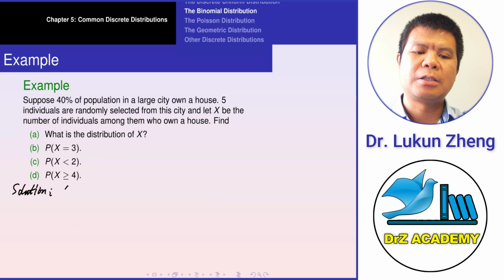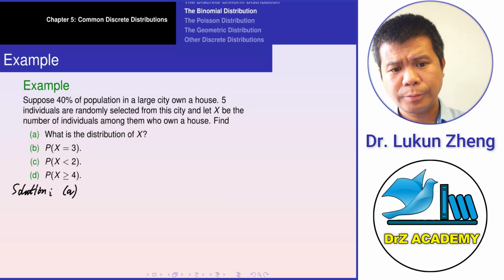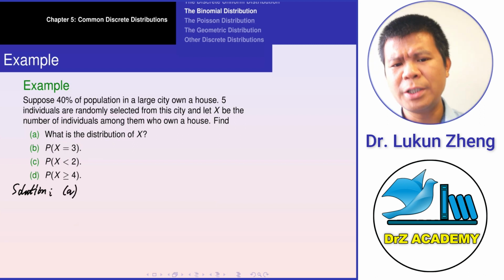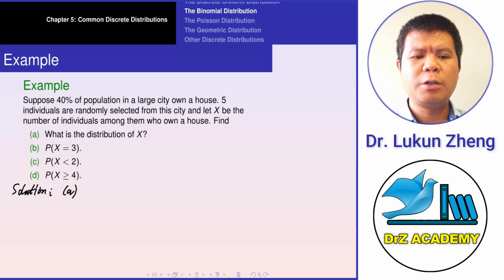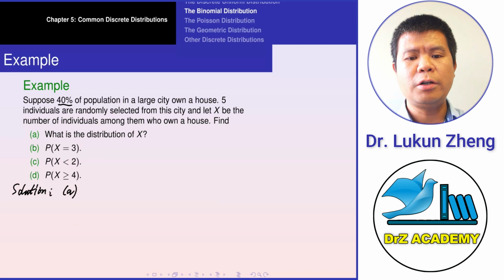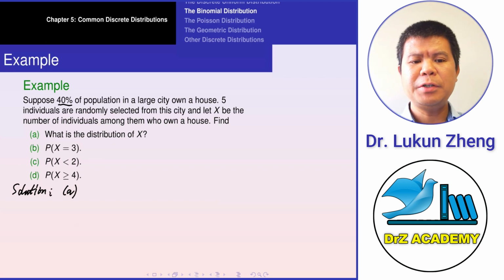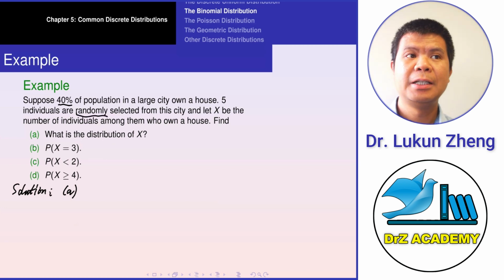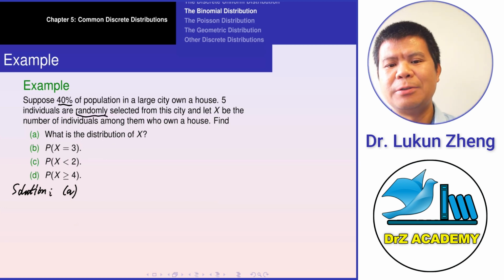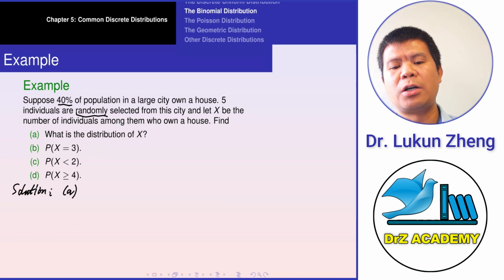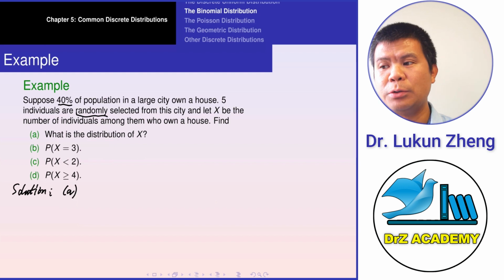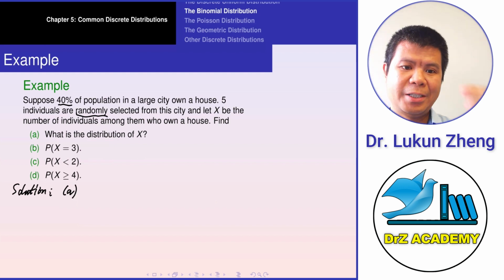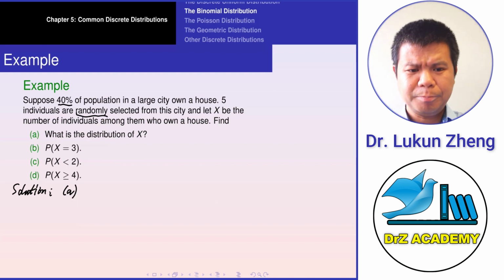Solution. So you see that, A, what is the distribution of X? We have 40% of the population in a large city own a house. 5 individuals randomly selected means they're independent. And since it's a really large city, each individual can be viewed as a Bernoulli trial with the same probability of success.